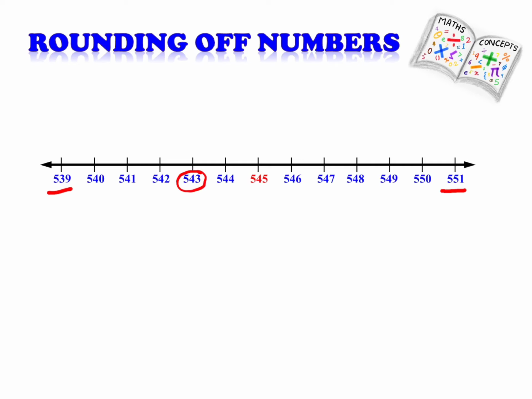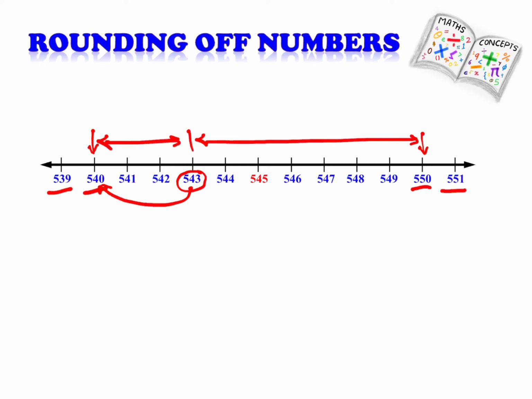Now the nearby tens to 543 are 540 and 550. 543 lies between two tens, which ones? 540 and 550. Which one do you think is nearer? Of course 540, right? So 543 will always get rounded off to 540. Similarly 541, 542, 544, all these are nearer to 540 than 550 and these will get rounded off to 540.